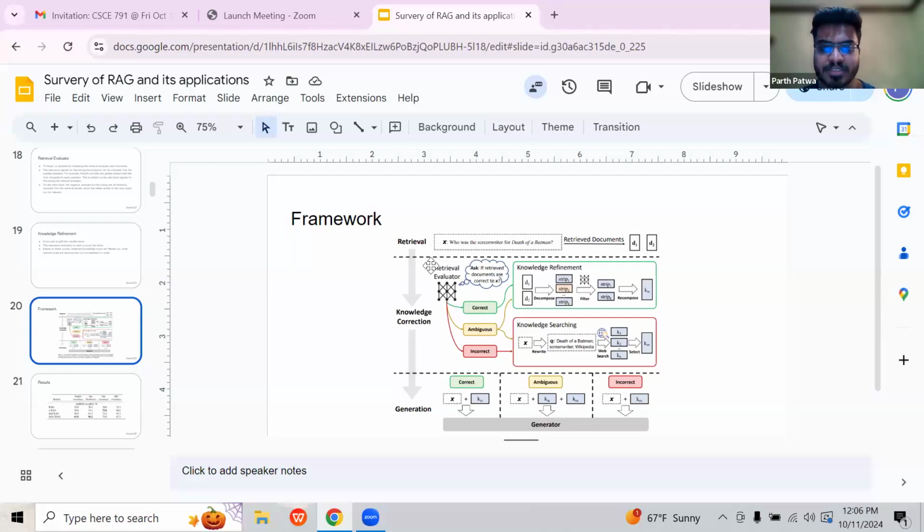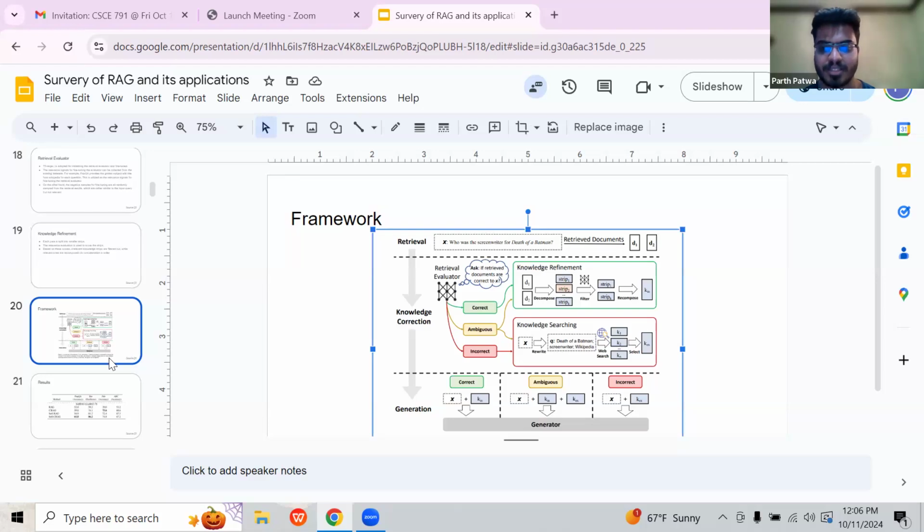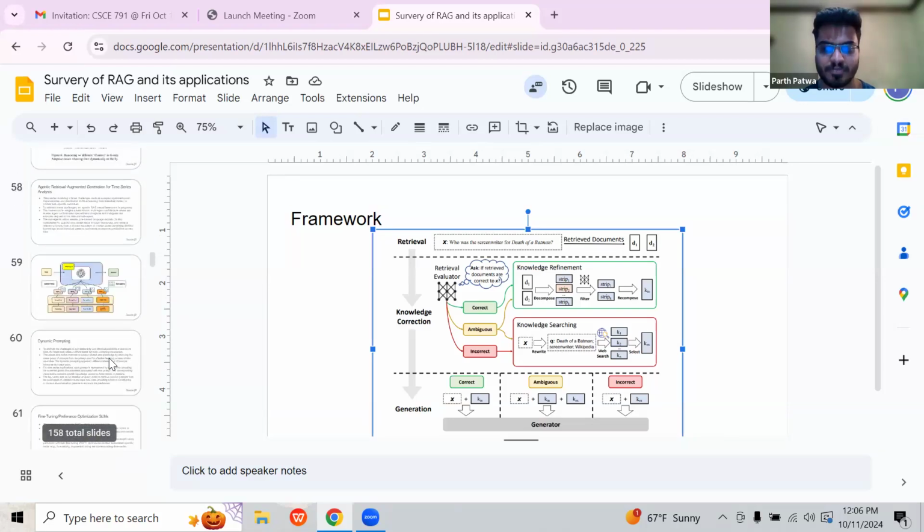So yeah, we have this retrieval evaluator. We can use it thrice. Once we are using it on the retrieved documents, then we are using it on the individual strips of those documents. A strip is just one or two sentences. And then we can also use it on the web documents. I don't think this paper is doing that because they're assuming that the internet has the latest and correct information.